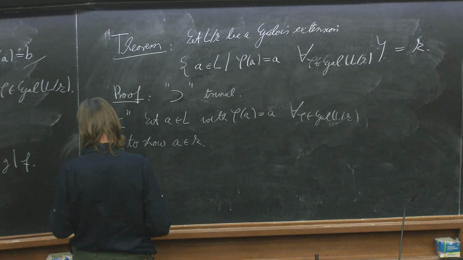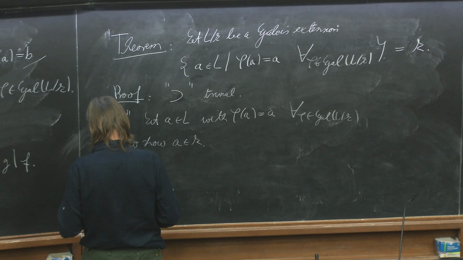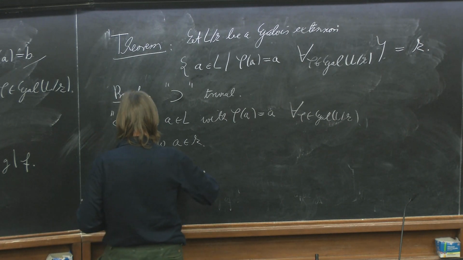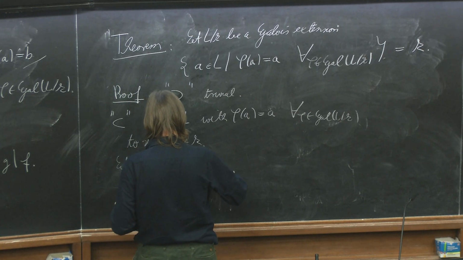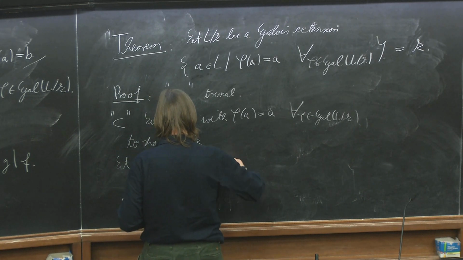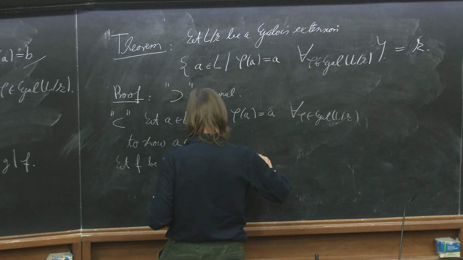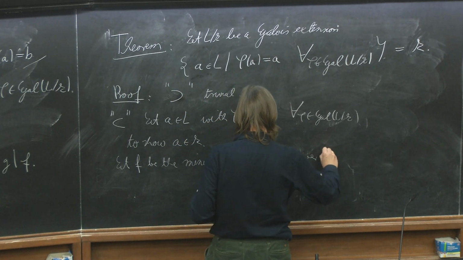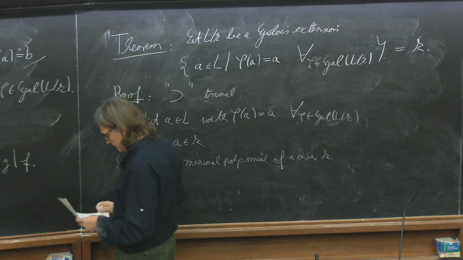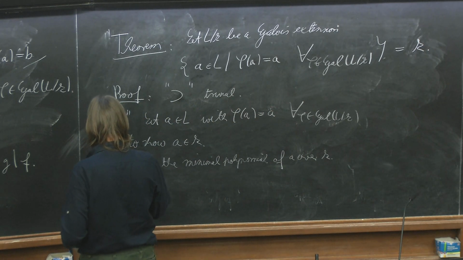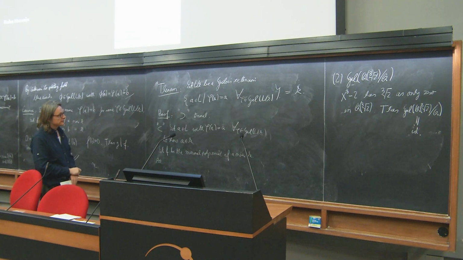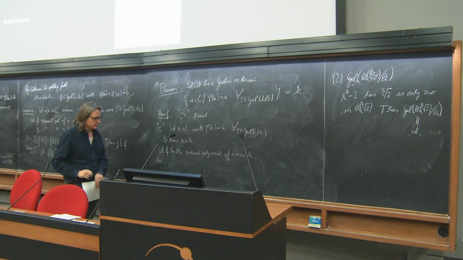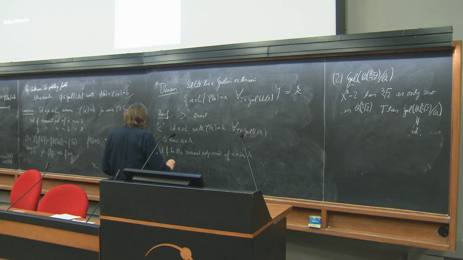So let f be the minimal polynomial of a over K. As our field extension is a Galois extension, in particular it's normal, we know that it splits into linear factors over L.